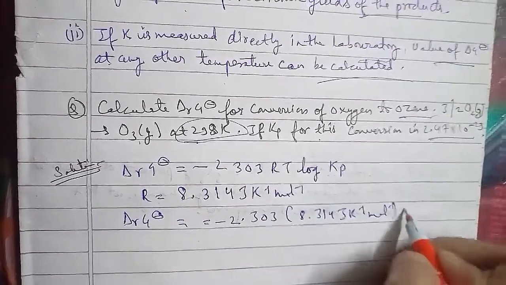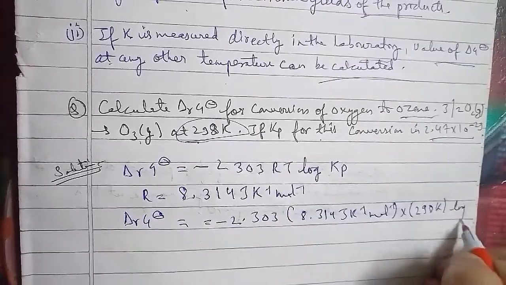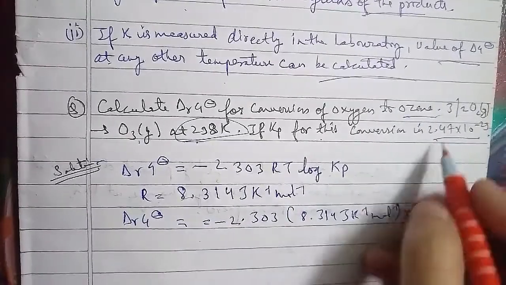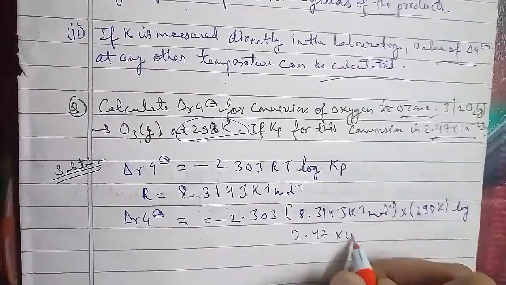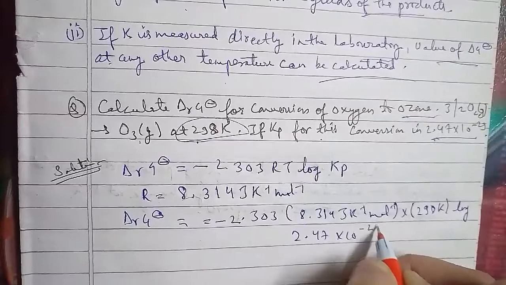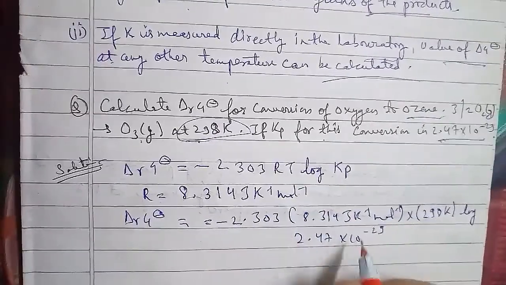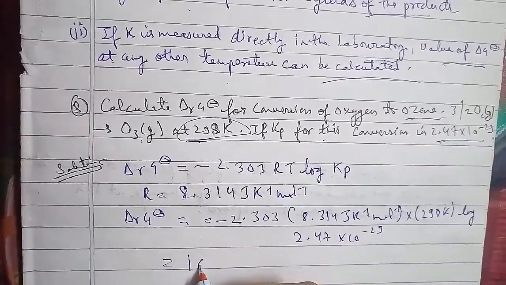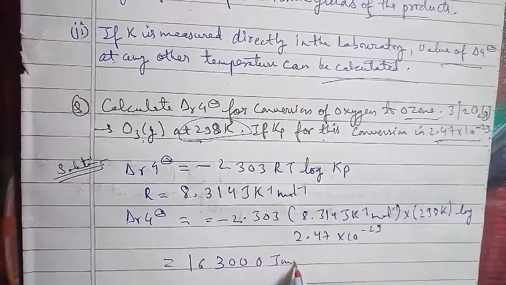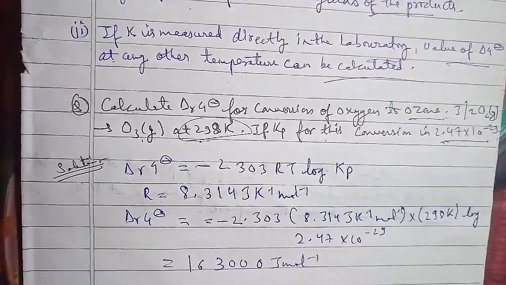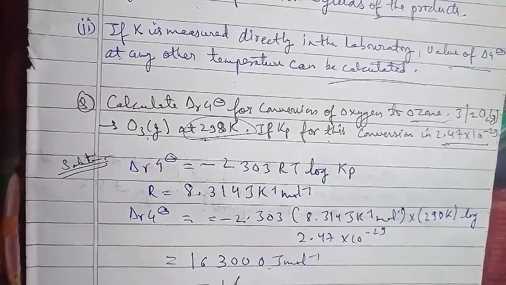That is 298 Kelvin, and the log of Kp, they had given you the conversion already, that is 2.47 into 10 to the power minus 29. When we multiply and solve this further, we'll get 163000 joule mole inverse, and we'll convert it into kilojoule, because it is given in joule, so it will be 163 kilojoule mole inverse here.